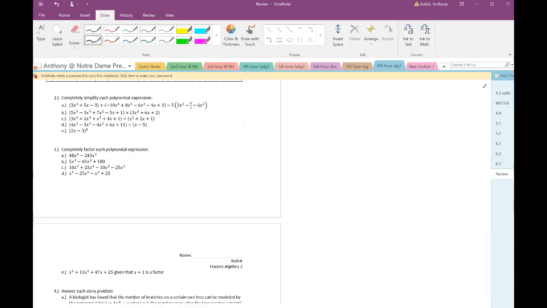Now to do the division problem, notice that there are two types of division. I can do long division and synthetic division. Since my divisor is not monic, I'm forced to do the long division. So I'll copy this down. Notice again I have no x cubed, so I'm going to write in a 0x cubed term.